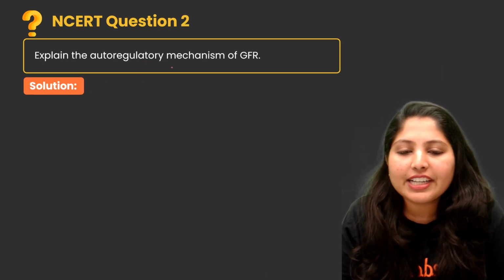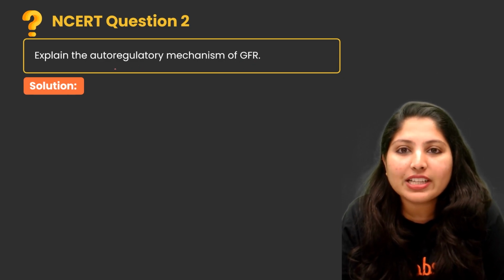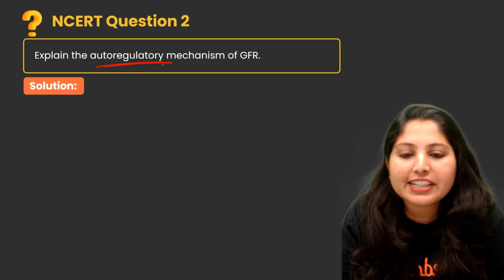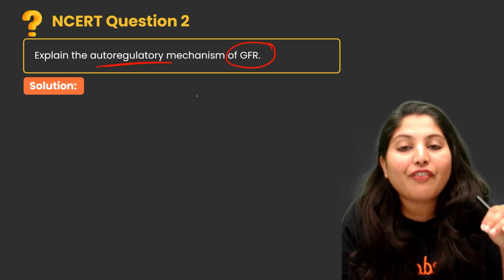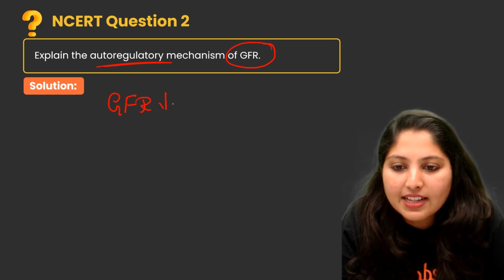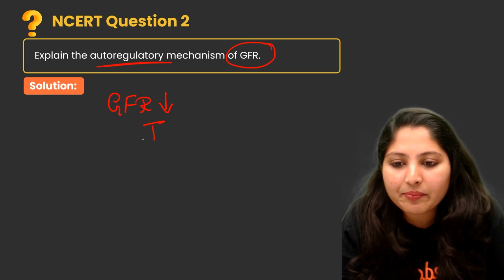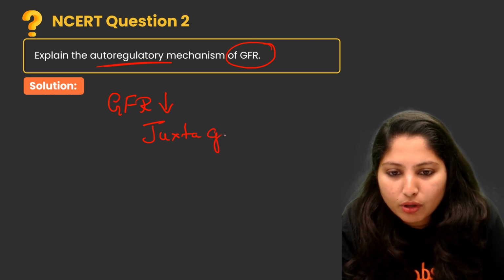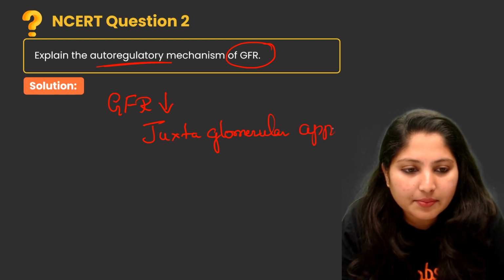Explain the auto-regulatory mechanism of glomerular filtration rate. So we need to tell how this GFR is regulated. Okay, auto-regulatory mechanism. When glomerular filtration rate falls down, then there is a place called juxtaglomerular apparatus.